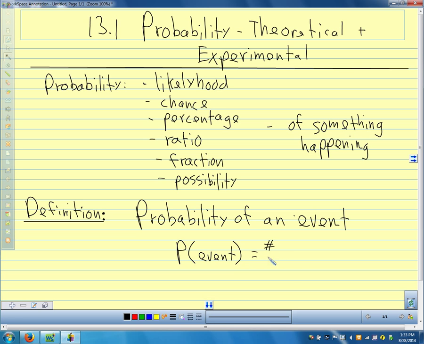the number of favorable outcomes, and I think outcome was one of our words that we talked about, divided by the total number of outcomes.